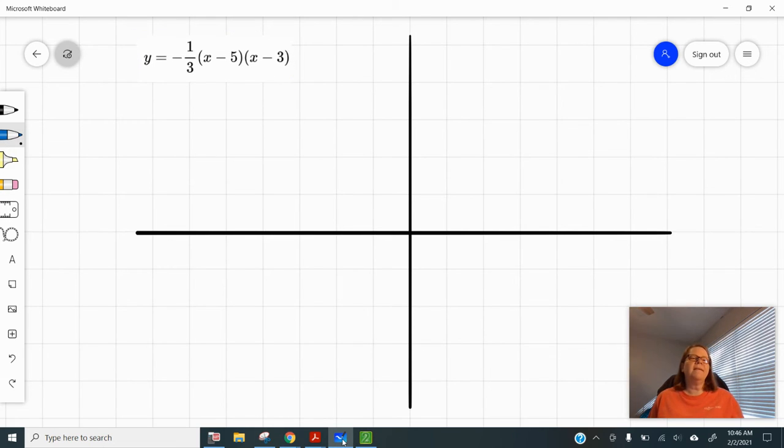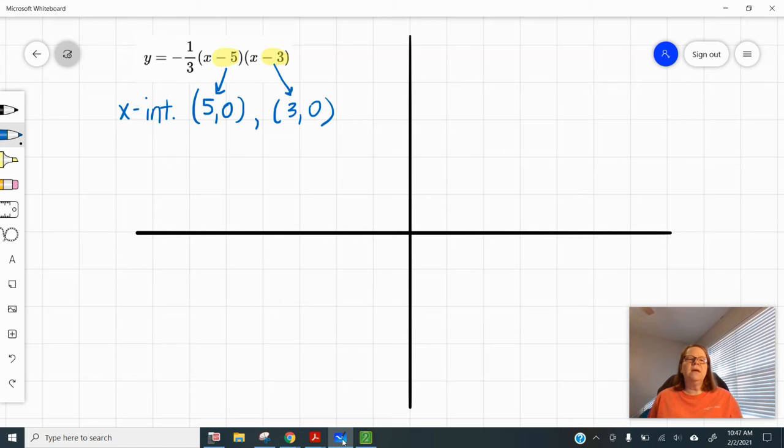Okay, here we go. So it is intercept form because it tells you right off the bat what your intercepts are. You have x-intercepts at (5, 0) and at (3, 0). Now look at the problem, think about how I got that. If it says x minus 5 here and x minus 3 here, that gives us our intercepts.